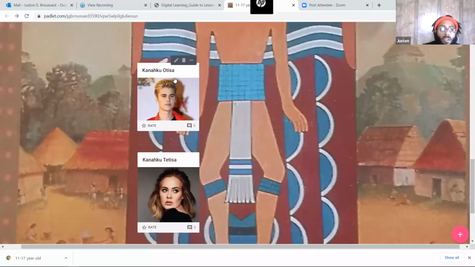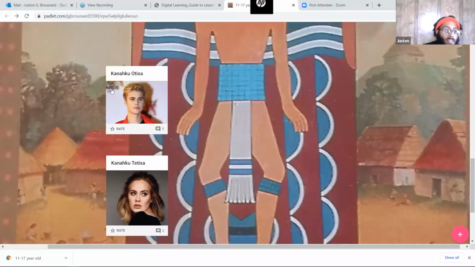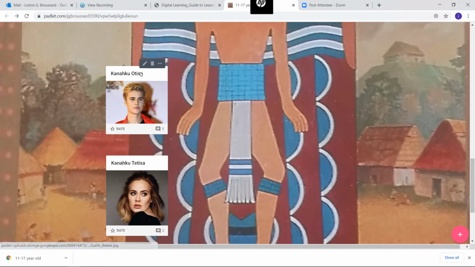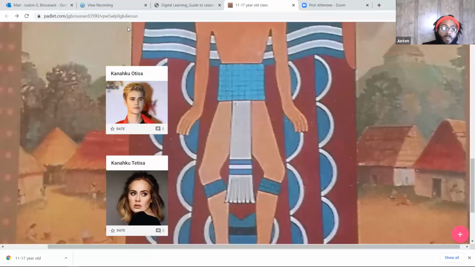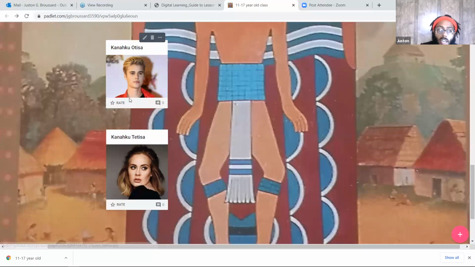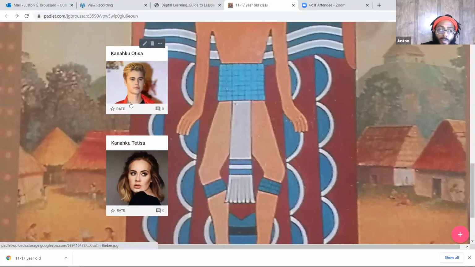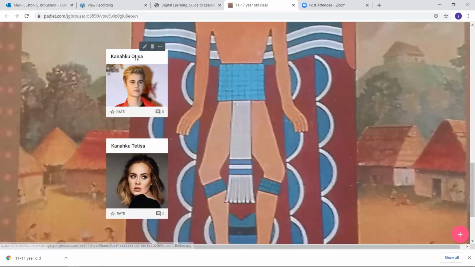So let's go over here. And as you can see, we may have some familiar faces over here to the left. And we're asking them their names. Kanak Otisa. Xavier. You want me to say who it is? Yes, please.